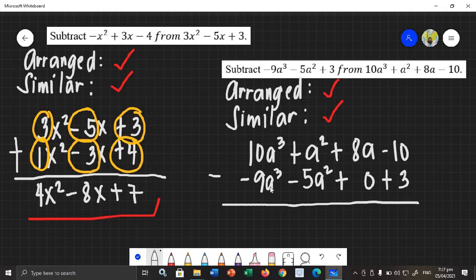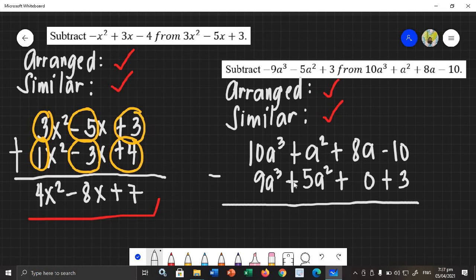And then, before anything else, apply natin yung rule in subtracting integers. So, palitan natin lahat ng sign ni subtrahend. Subtrahend yung pangalawang given. So, si negative 9a raised to the third, negative siya, di ba? So, magiging siyang positive. So, erase lang natin yung negative sign. And then here, si negative 5a raised to the second, magiging siyang positive.